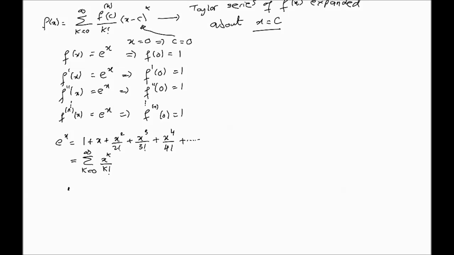That means the limit as k goes to infinity of the absolute value of x to the k plus 1 over (k plus 1) factorial, multiplied by k factorial over x to the k. The k factorial cancels with the factorial, and x to the k cancels, which leaves us with the limit as k goes to infinity.